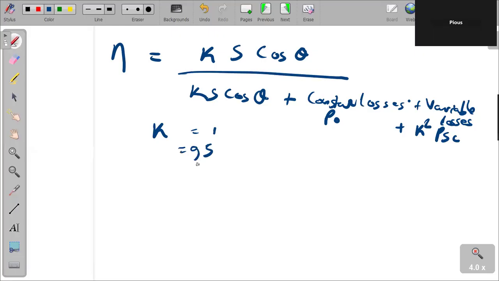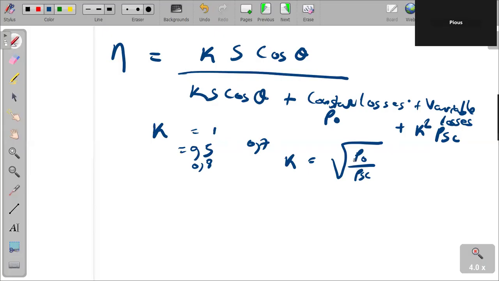At 80%, K is 0.8, or at 70%, K is 0.7. However, at maximum efficiency, K is given by the square root of the open circuit power divided by the short circuit power, P O over PSC.